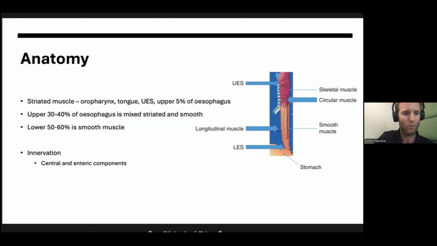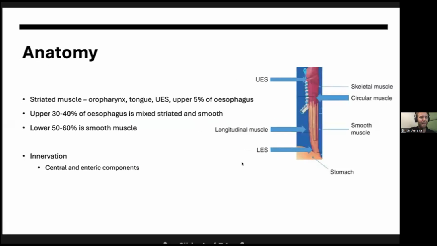The lower portion is smooth muscle and involuntary, and then there's a mixture of striated and smooth muscle in the middle portion with considerable overlap. With regards to the innervation, there are central and enteric components, and understanding this entire complex is important, as when any one of these components fails, dysphagia may arise. So it is important to understand the anatomy and the physiology.